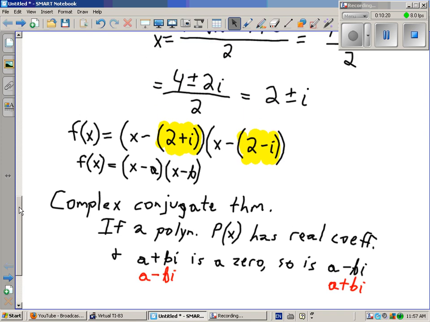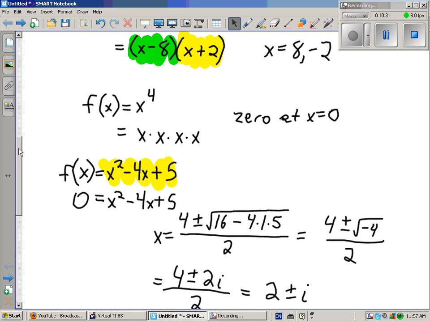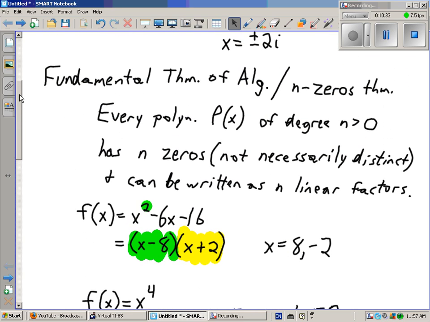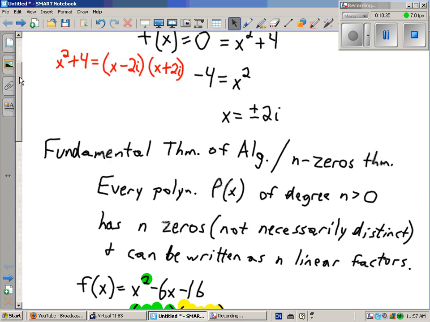We wound up with a pair of complex conjugates for the problem we just did, 2 plus i and 2 minus i as zeros. If we go all the way up to the beginning, our first example, we have positive 2i and negative 2i. They are complex conjugates of one another.